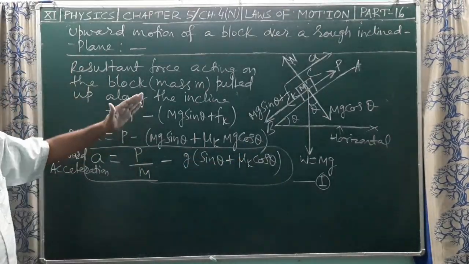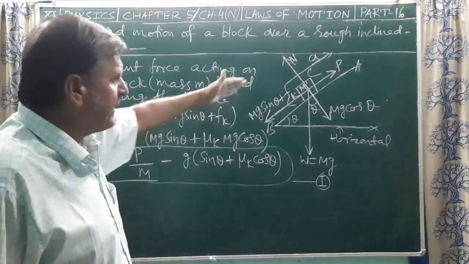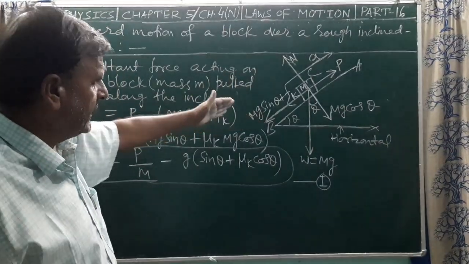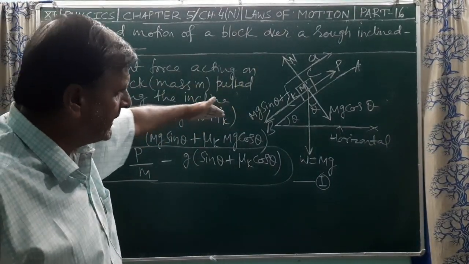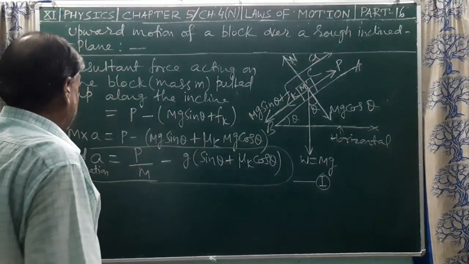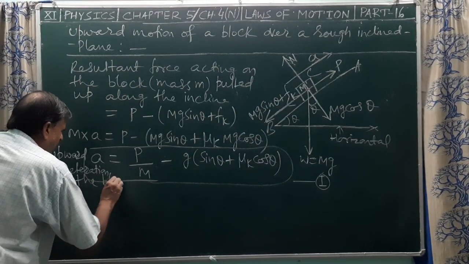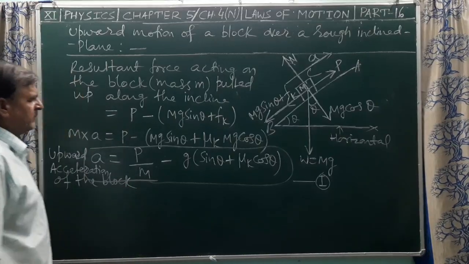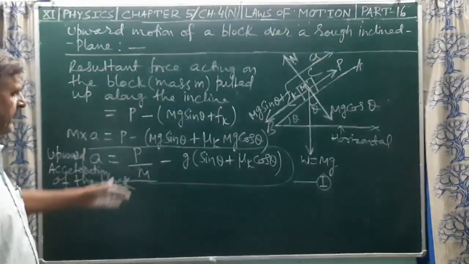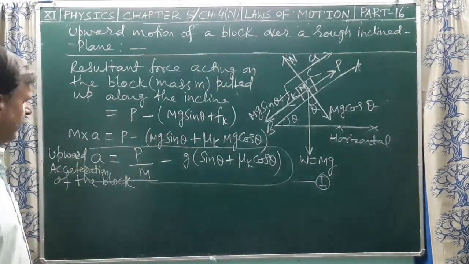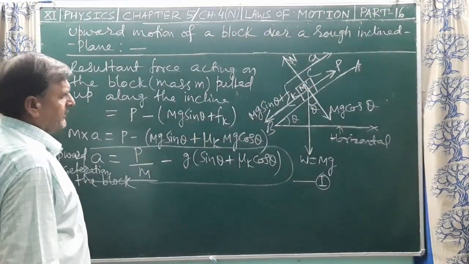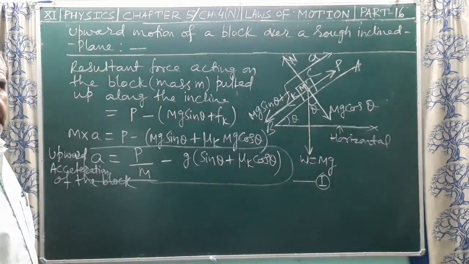Theta is the angle which the inclined plane makes with the horizontal. So the upward acceleration of the block is a equal to P by m minus g, the acceleration due to gravity, times, under bracket, sin theta plus mu k cos theta.